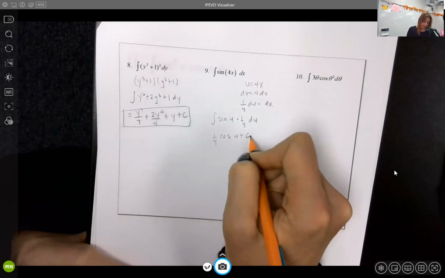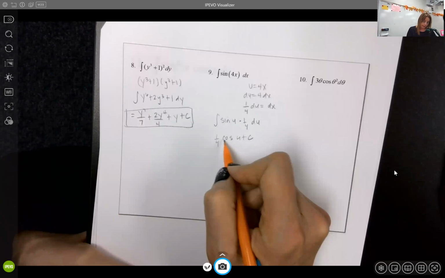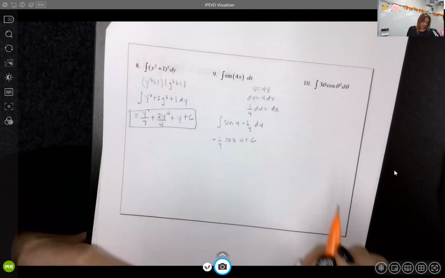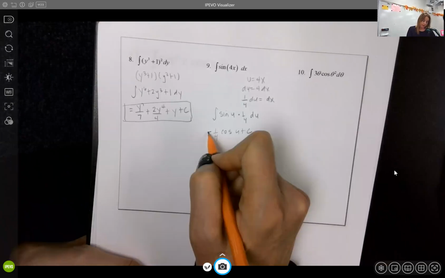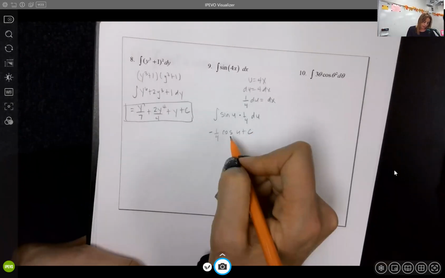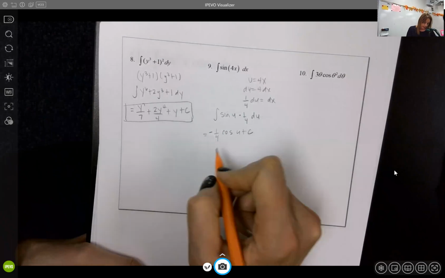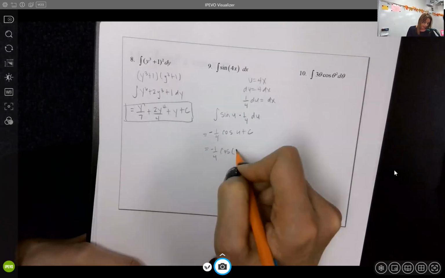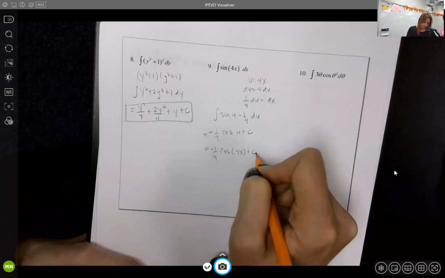Now think about this. If I take the derivative of the cosine, I get a negative sine, and this isn't negative. So I do need to have a negative on there because the integral of sine is negative cosine. All right, so this is going to be negative 1/4 times the cosine of 4x plus c.